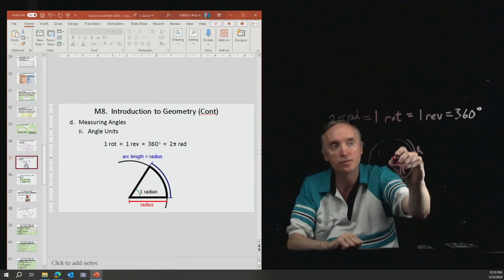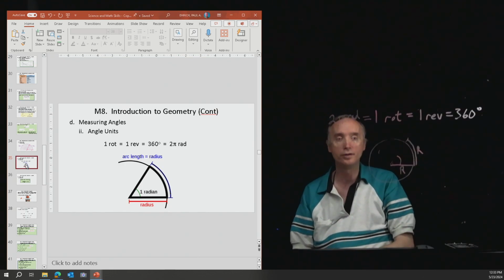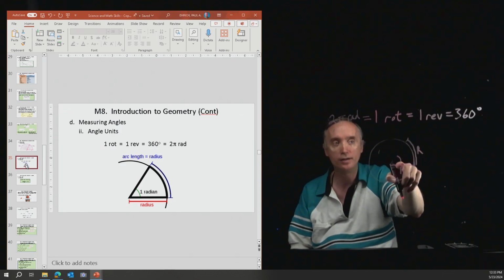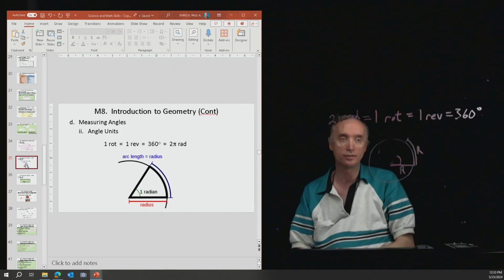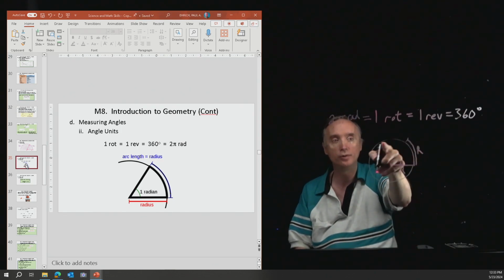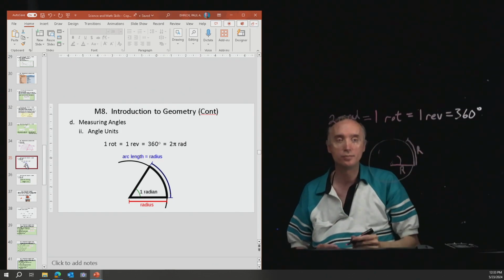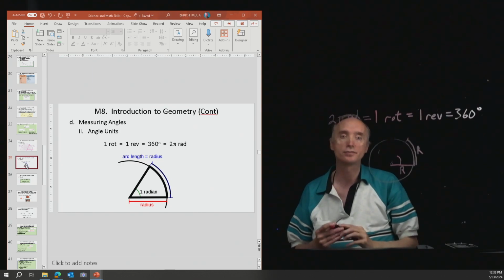Then you connect these two points, and this angle here is going to be 1 radian. So 1 radian is when this length is exactly the same as that length right there. And if you went completely around, it turns out to be 2 pi radians.